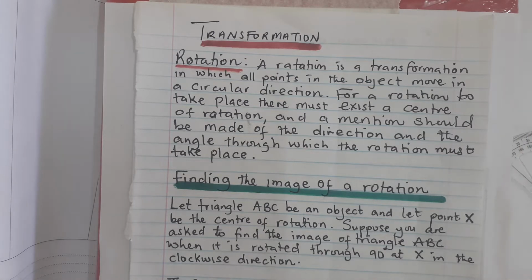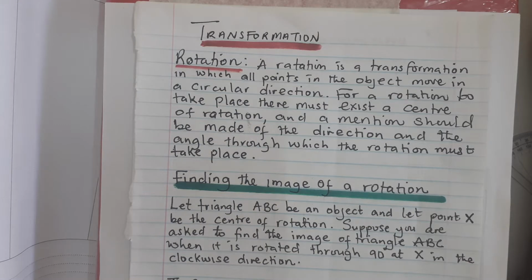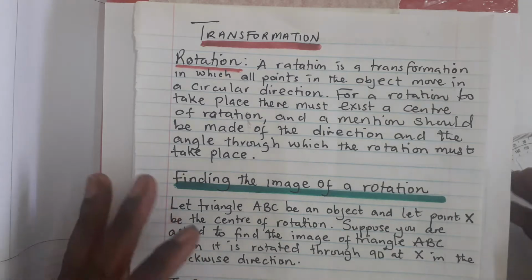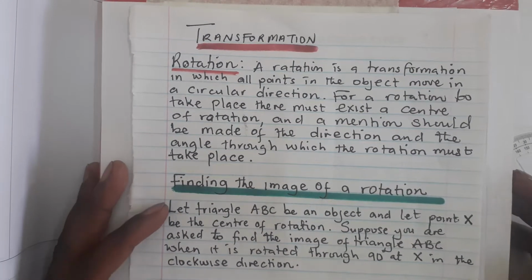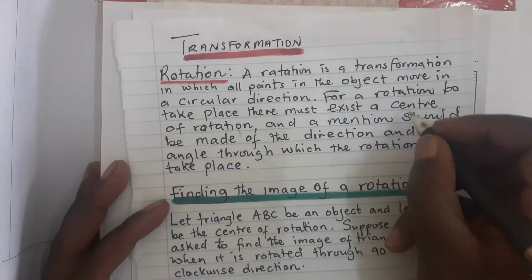So what is a rotation? A rotation is a transformation in which all points in the object move in a circular direction. And for any rotation to take place, there must exist a center of rotation.